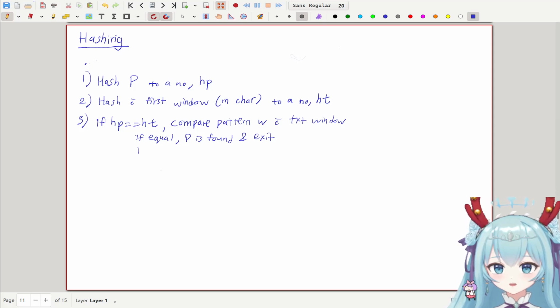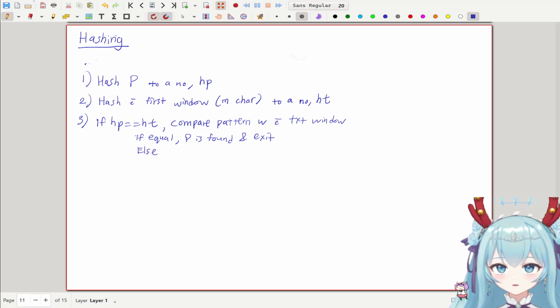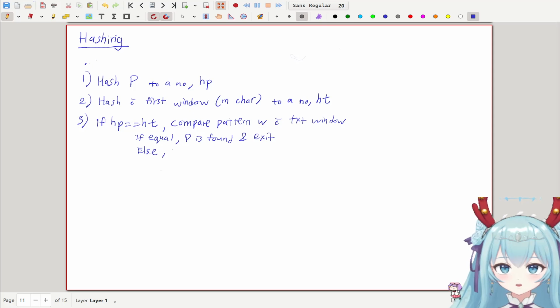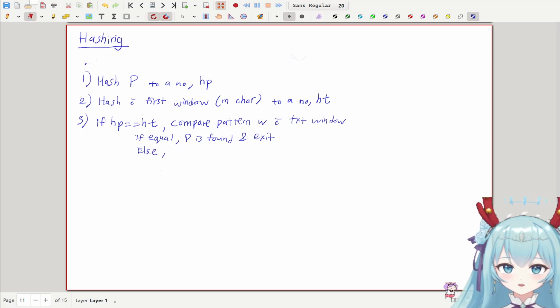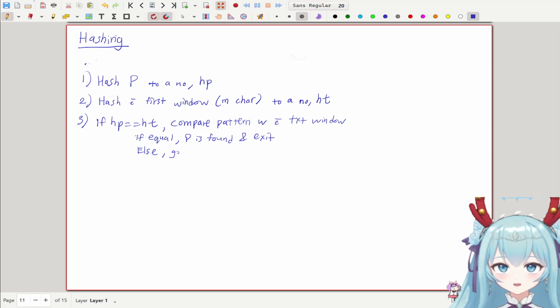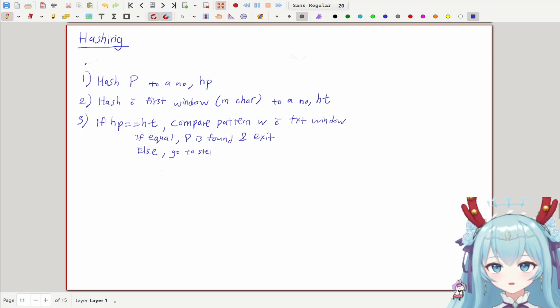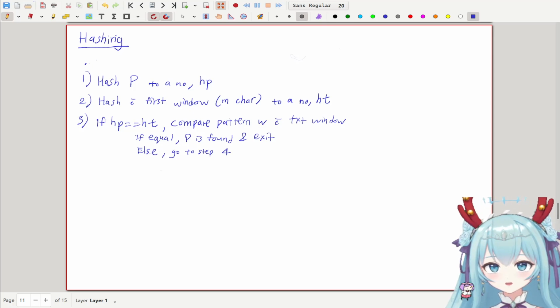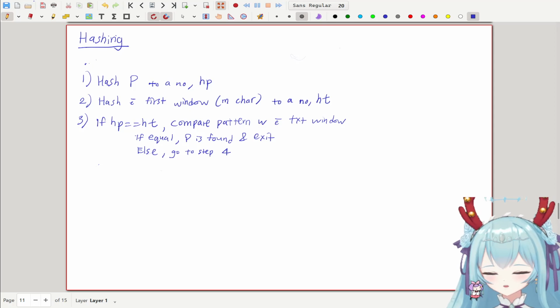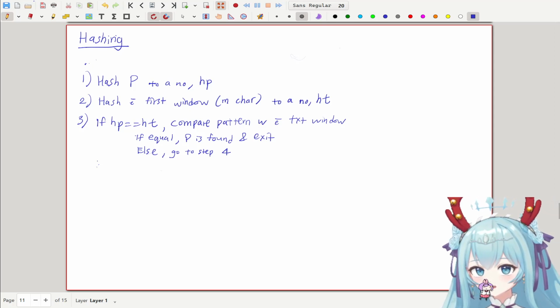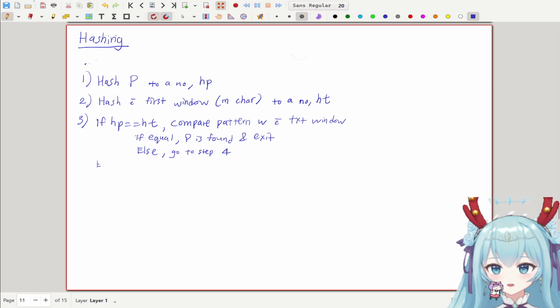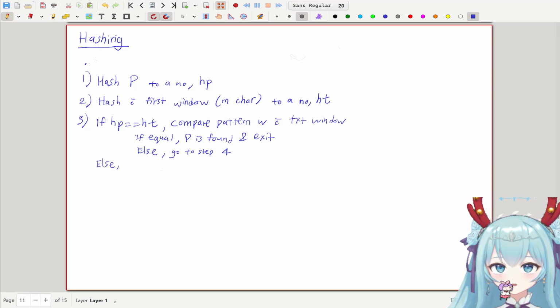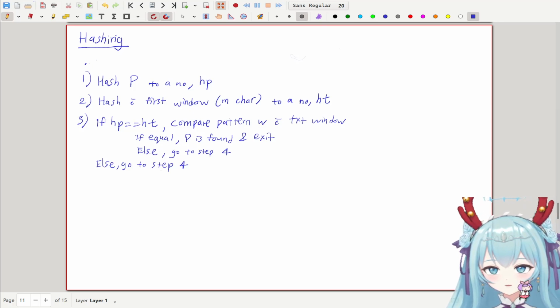Else, if it's not equal, then go to step 4. And if hp isn't equal to ht, we also go to step 4.